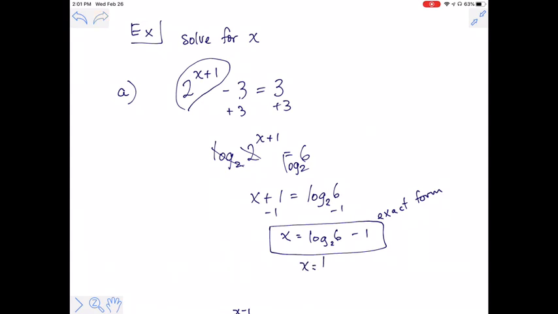So log base 2 of 6 can be rewritten as log 6 over log 2, and then we can subtract 1 from that.